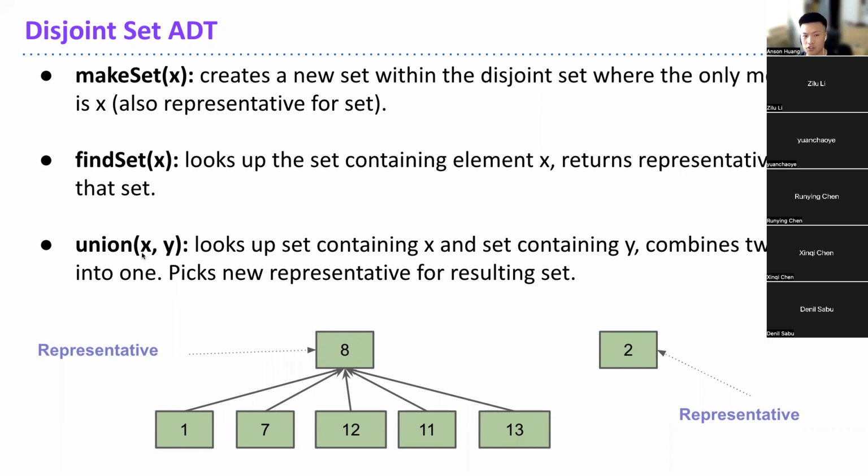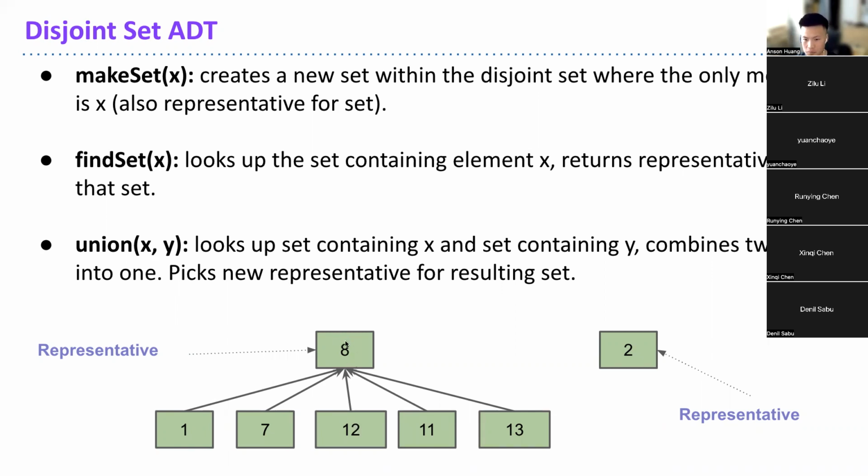And when you call union XY, it looks up the set containing X and the set containing Y, combines the two sets into one, and picks a new representative for the resulting set. So if you union 12 and 2 together, what that looks like is, all right, 12, find the parent.